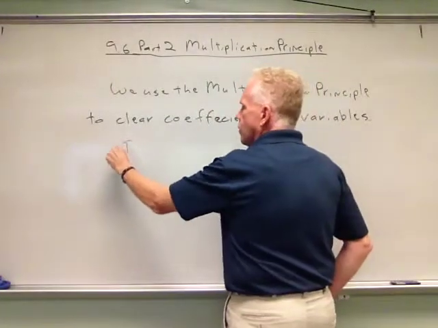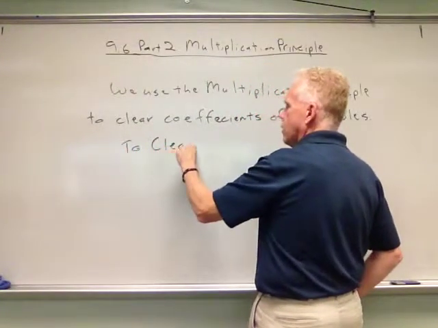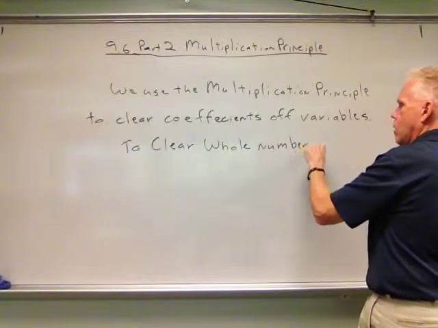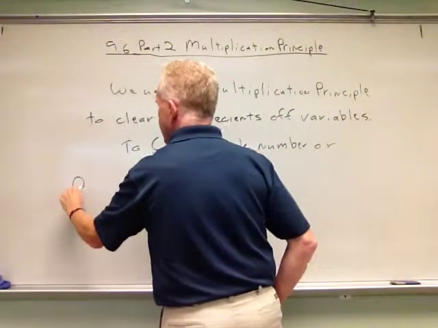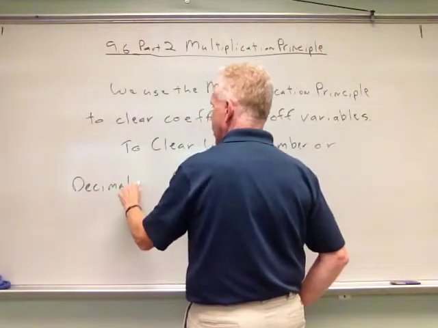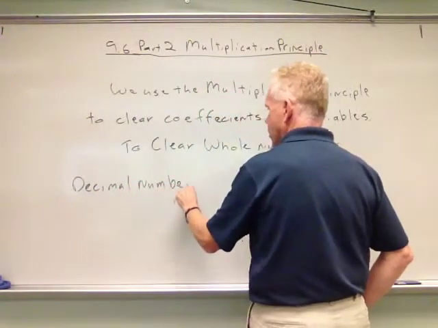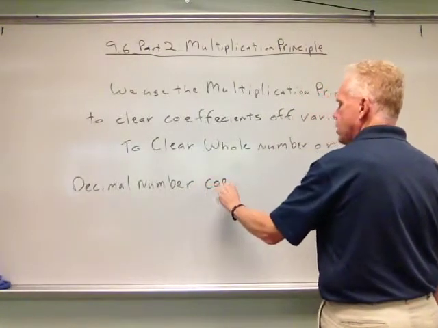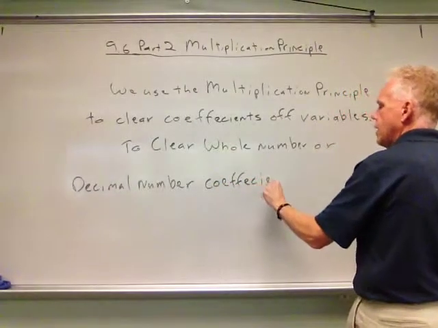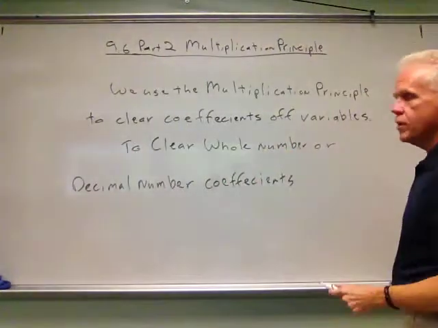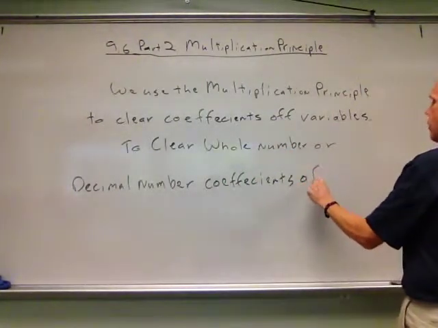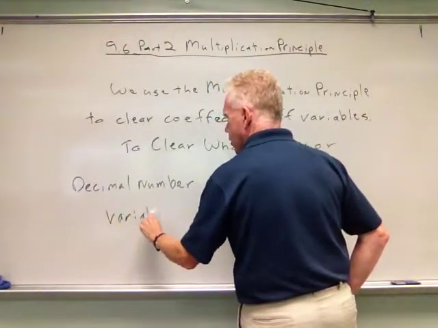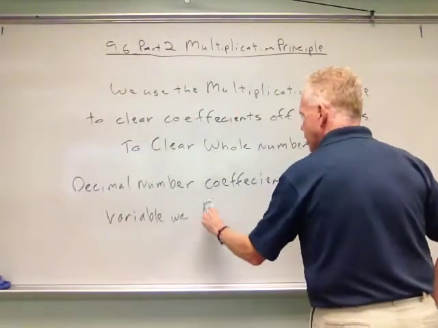Now there's some aspects to this that we want to make sure that we talk about. To clear whole number or decimal number coefficients, C-O-E-F-F-I-C-I-E-N-T-S, off a variable, we divide.